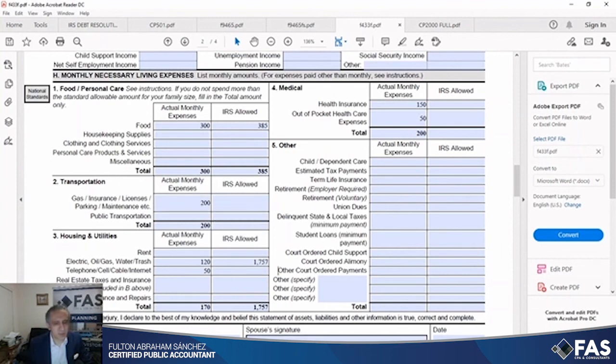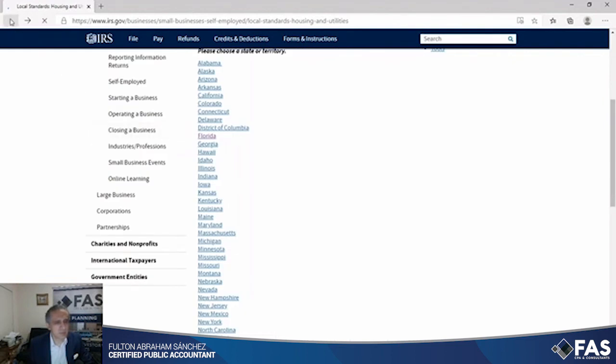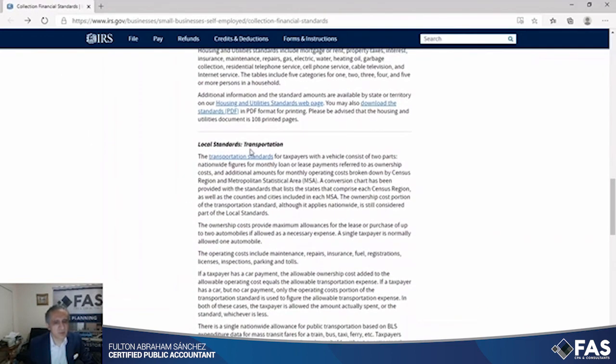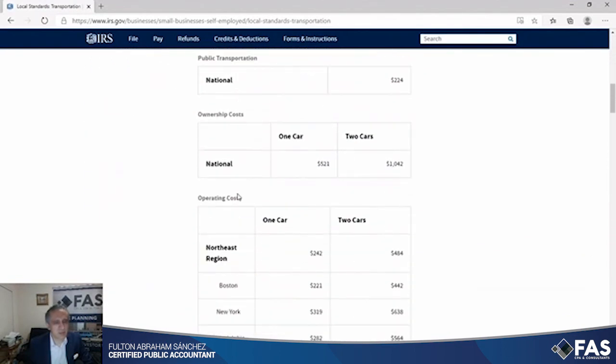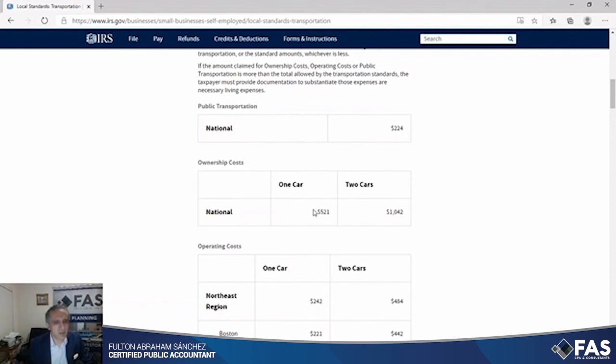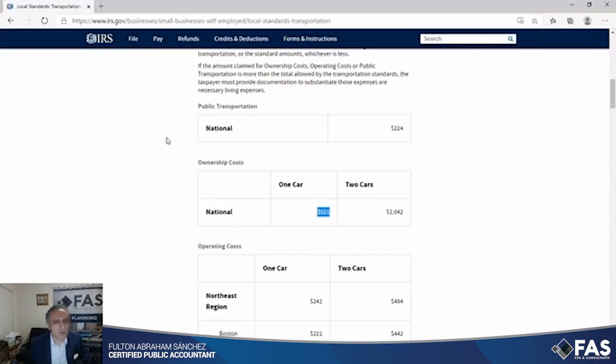Okay, so now transportation. Transportation is 1 car. National is 521. So it's 521. I am below the IRS allowed. Finally, health insurance and out-of-pocket expenses.